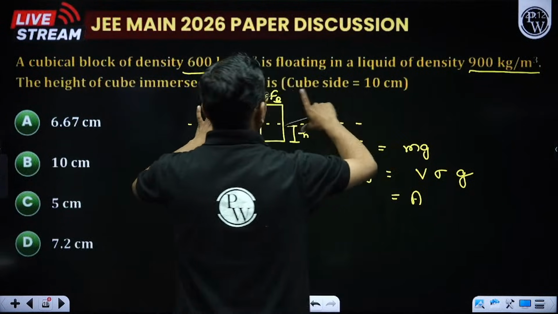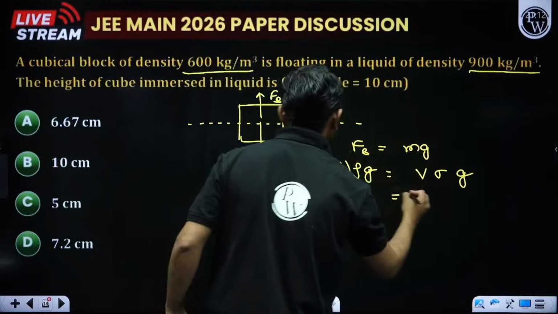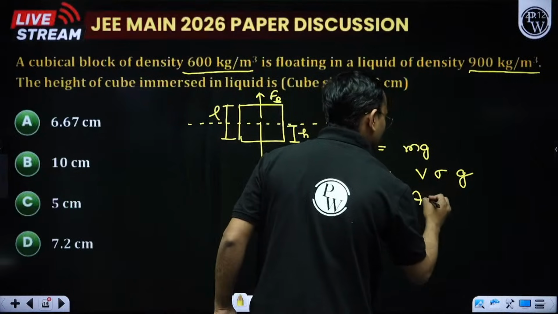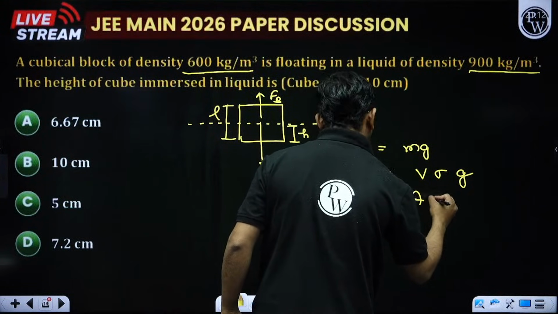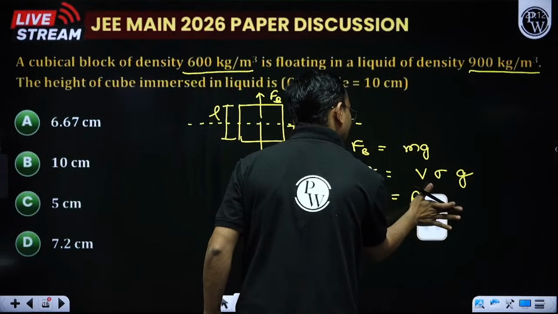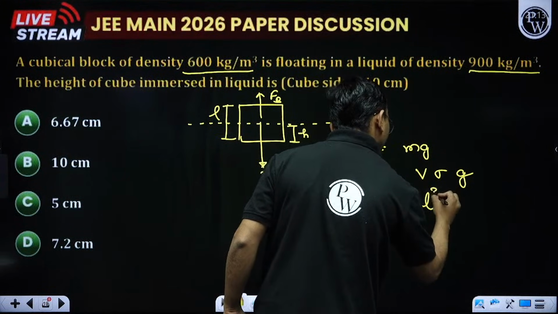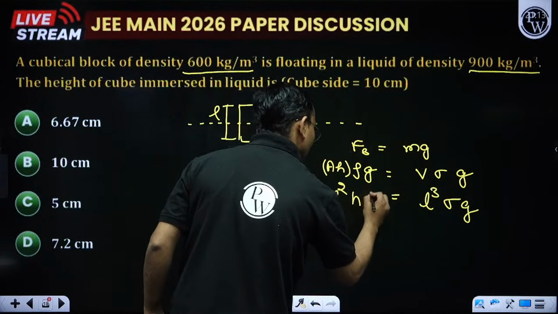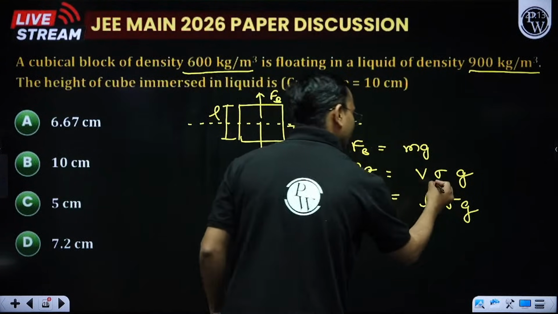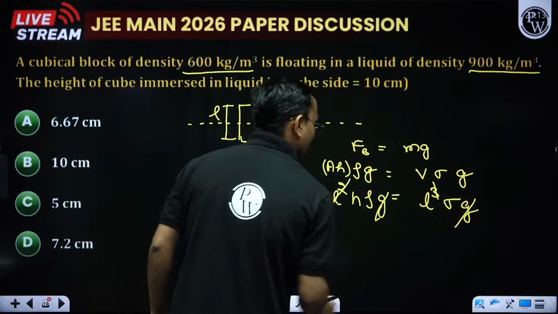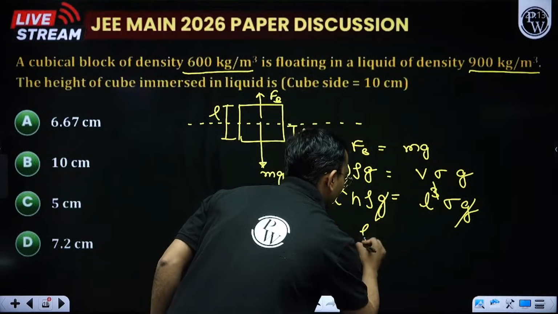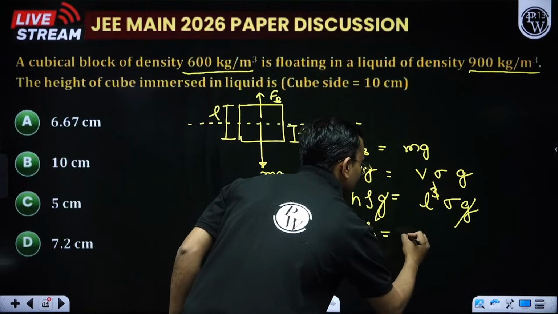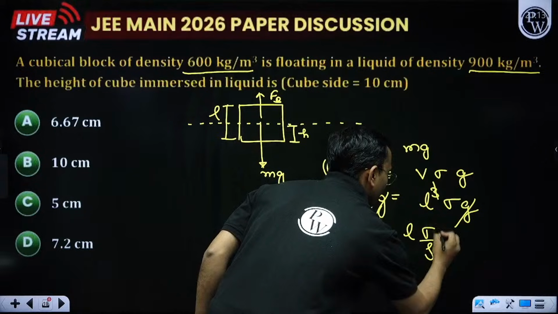Into the side, I can take side as L. So this is a cube anyways, three sides are same. Okay, so I can write this as A into L. Okay, or anyways, let us write L cube, volume L cube, sigma into g. Here area is L square, H rho g, L square g, and I got my rho. Oh, I need H. So I got my H is equals to L sigma by rho.